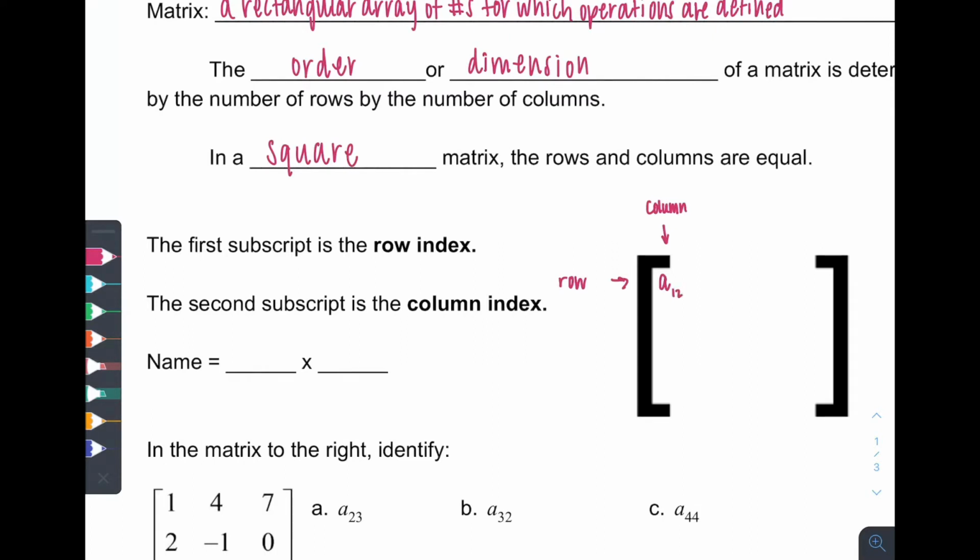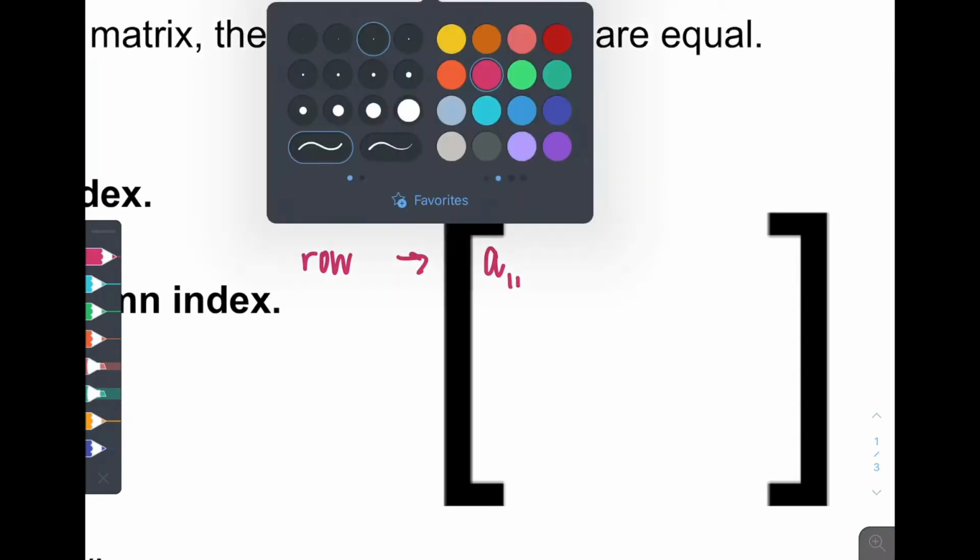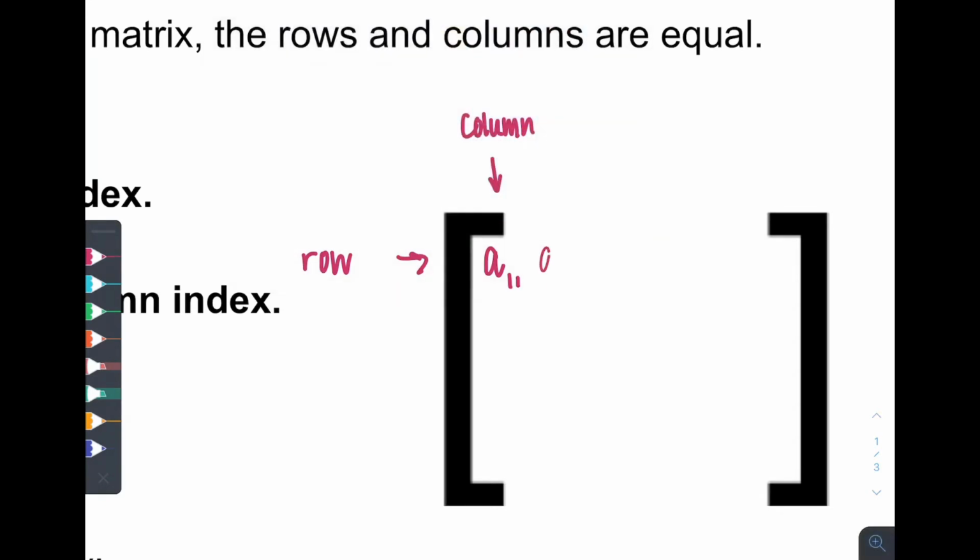So this is 1, 2. Oh wait, no, I didn't do that right. This is column 1. Then our next one, this is still row 1, but column 2. This is row 1, but column 3.